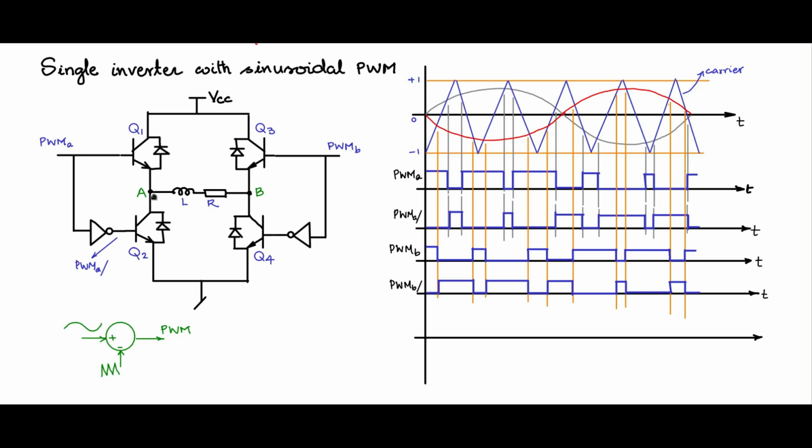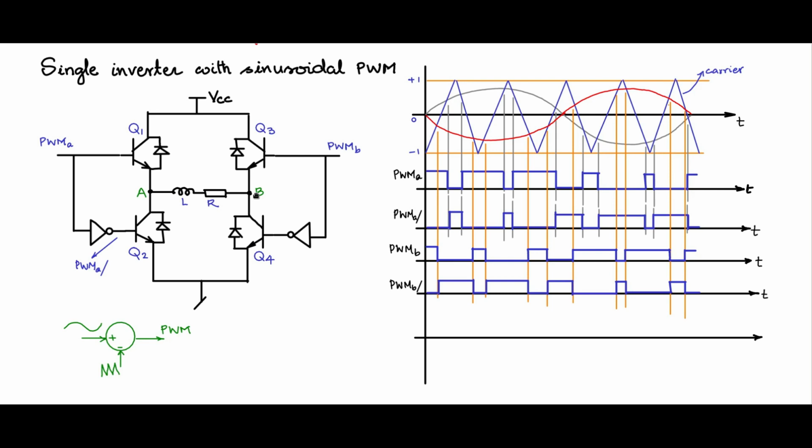If you look at the potential at A, if Q1 is on, A is connected to VCC. If Q2 is on, A is connected to ground. So this potential VA with respect to ground swings from VCC to 0, which will be like the PWM waveform itself, but only the amplitude will be VCC.